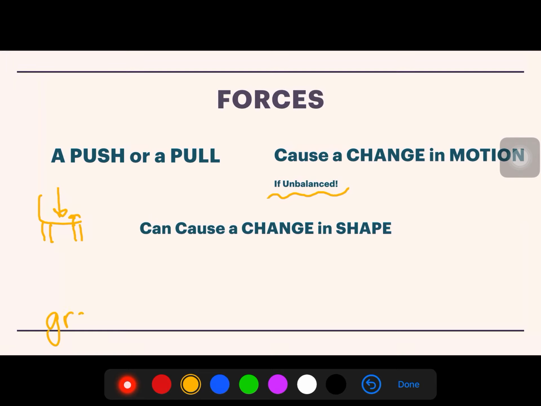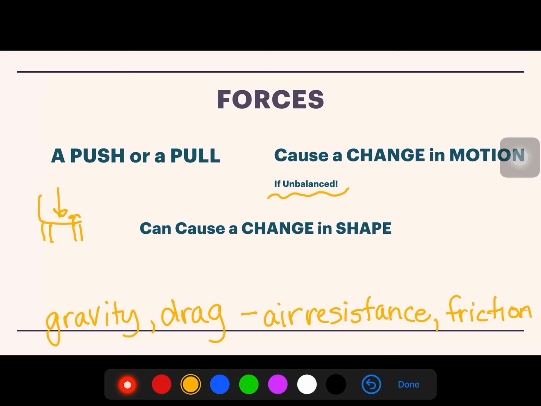Pushes or pulls. What are some other forces you know? We talked about gravity. If we were doing our rocket cars, we would talk about drag or air resistance, right? Those are some other forces. And friction is another.